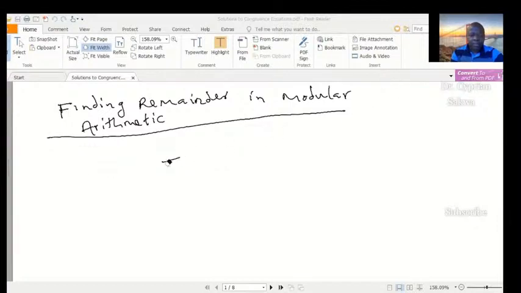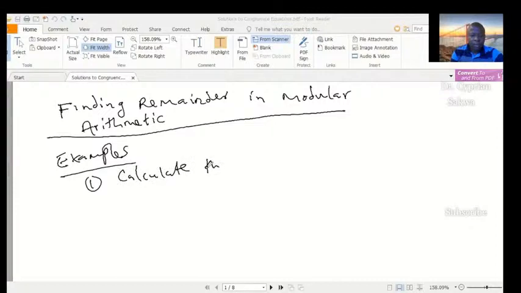So the first example: calculate the remainder of 99 on division by 11.